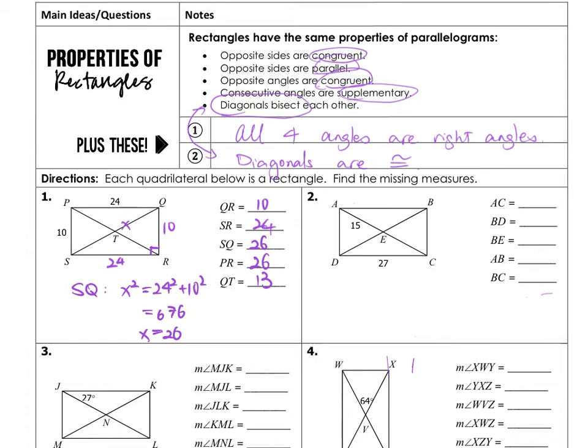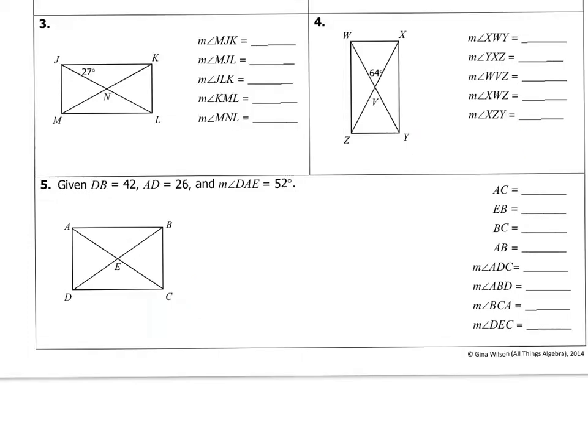Let's look at example number 3. So example 3 is about angles, and all we know is just this small angle here, KJL is 27. And we also know that every corner, every interior angle of a rectangle is 90 degrees.